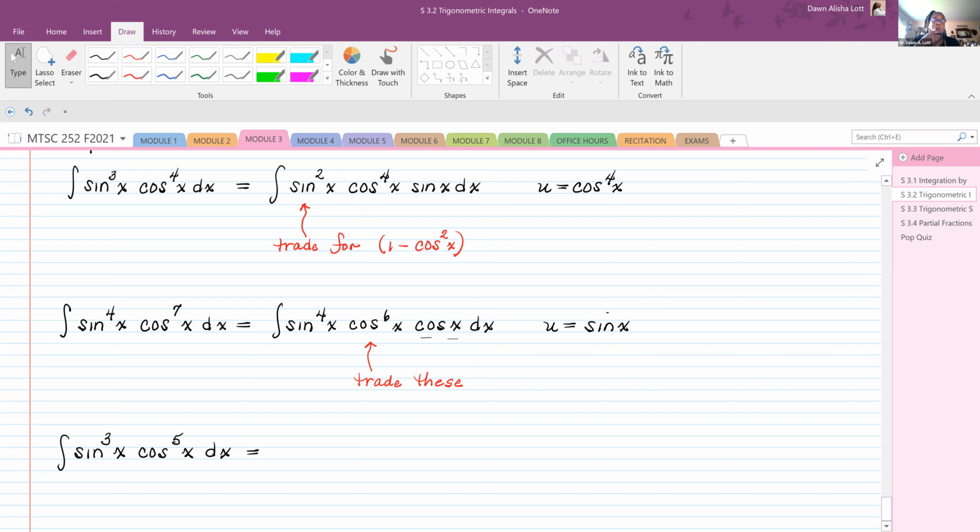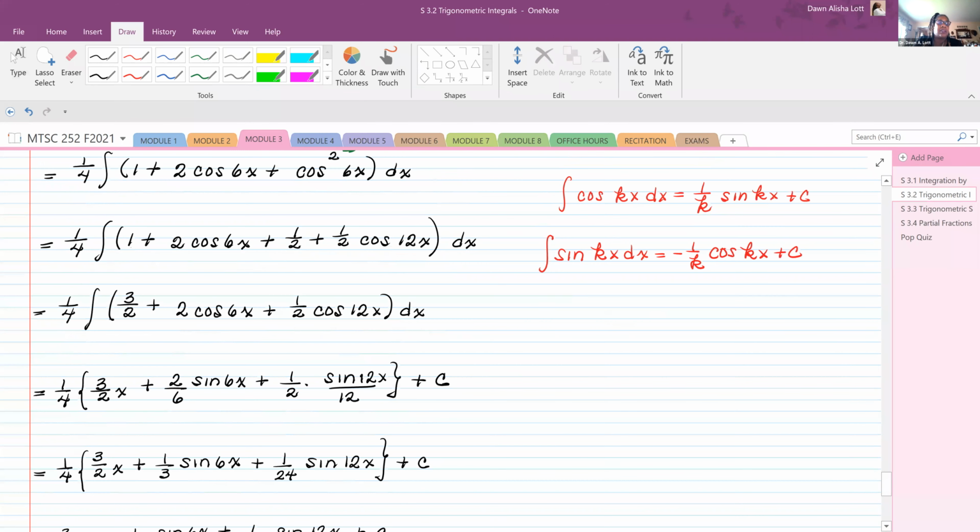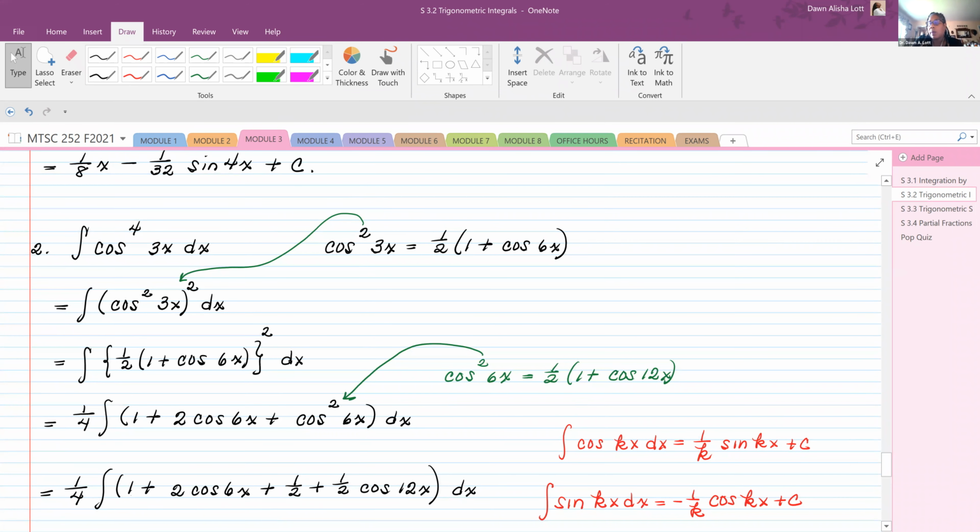The easier one would be to trade off the one sine. The lower number is the easier one. And then if they're both even, then you have to go back to this hard stuff.